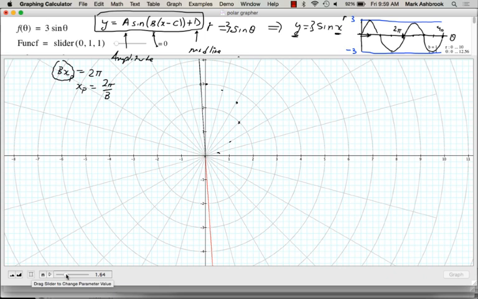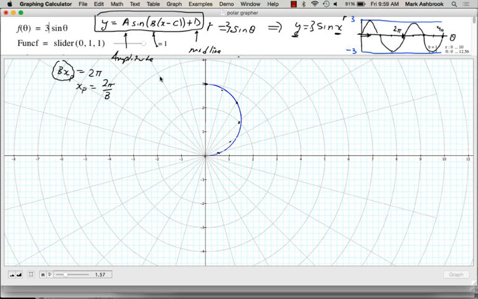So what will that look like? Now we want to graph all the points. As theta increases from 0 to pi over 2, r increases from 0 to 3. Any questions on that?